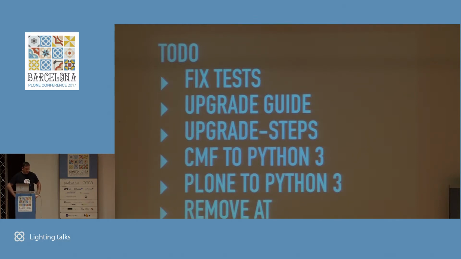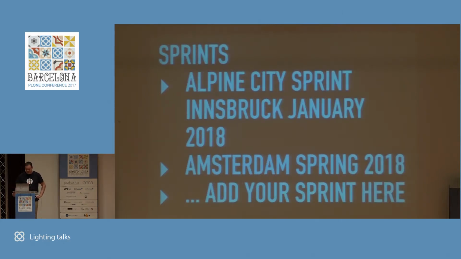So I'd love a lot of people to join, especially if you have a slight idea of what we're doing there, because we need help. And for the fun part, we can actually remove Archetypes then, because we're not porting Archetypes to Python 3, over my dead body.